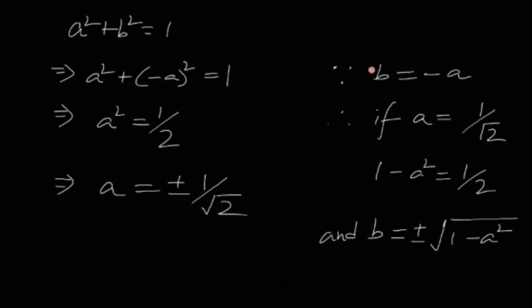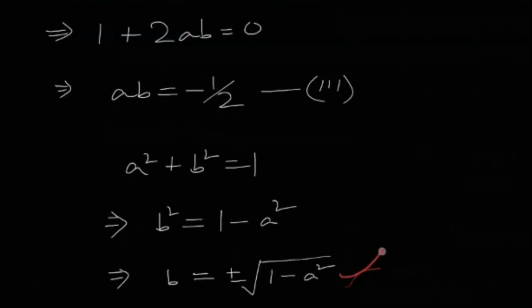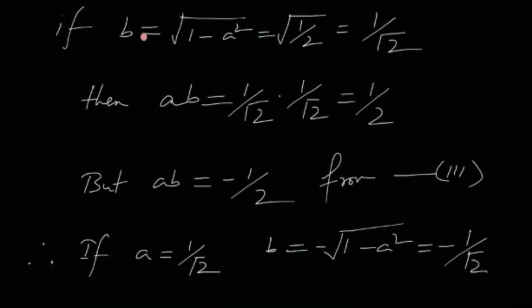Since b equals minus a, if a equals 1 by root 2, then 1 minus a square is half, and b is plus or minus root over 1 minus a square. Now, if b is simply root over 1 minus a square, that means b is 1 by root 2.